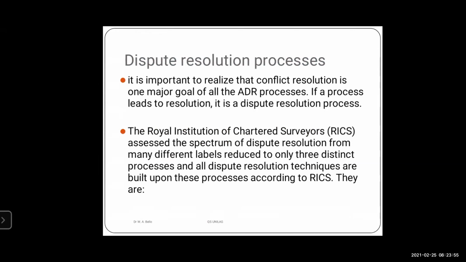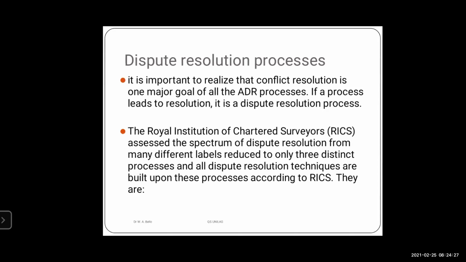Once you observe that there is misunderstanding, disagreement between any two parties or more, and you are able to resolve the problem, it is a dispute resolution process.